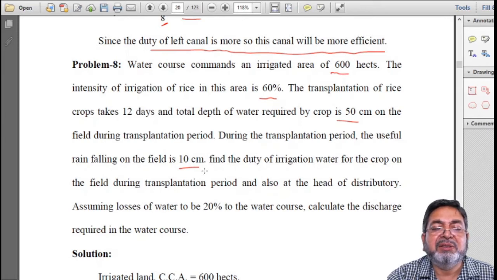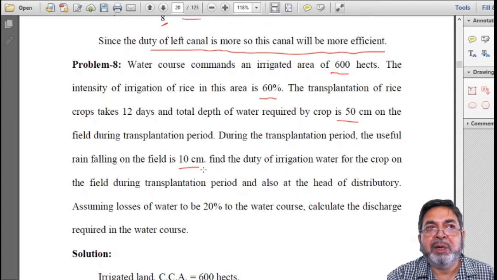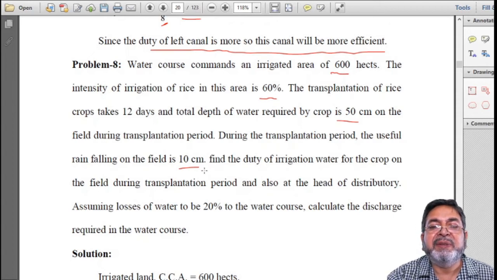For example, if you are cultivating rice, first you will spread the paddy seeds in the nursery, and when the germination takes place and plants grow up to the height of say 15 centimeter or 20 centimeter, then this plant will be shifted to the main cultivation field, and by this process the yield of the rice will increase.